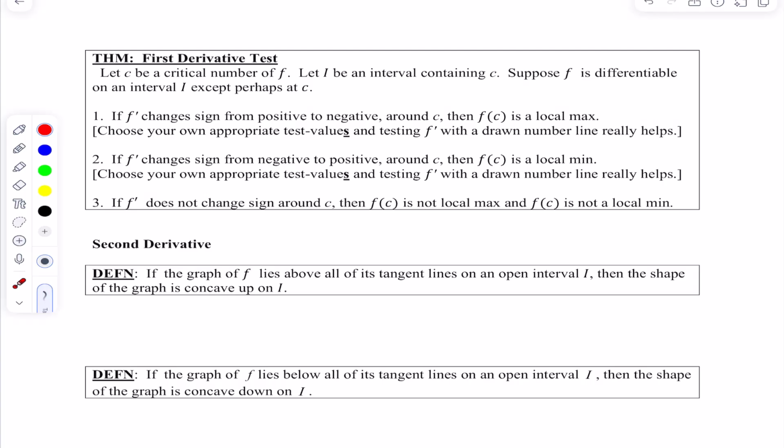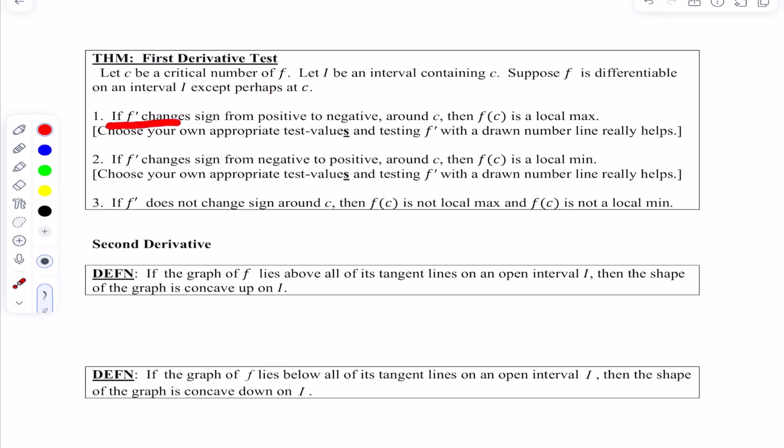The first derivative test obviously involves critical numbers, and then let I be an interval containing C. This is not the interval that we're going to be interested in, but this is going to be necessary so that we look locally around C. And so that's what helps us determine whether or not we can seek a local min or local max.